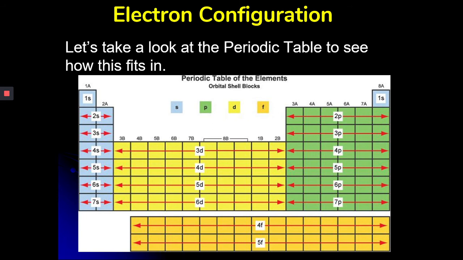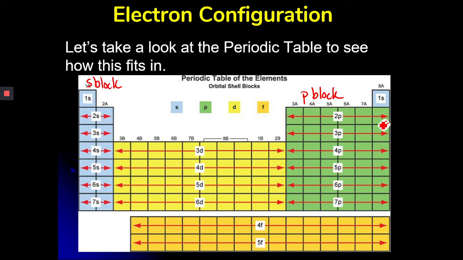You can remember it by either of these pictures, or you can use the periodic table. So if we look at the periodic table, it still fits. You have 1S. Make sure you're reading from top to bottom, left to right. So 1S, 2S, so groups 1 and 2 make the S block. And then second row, that's the first time we have the P block.